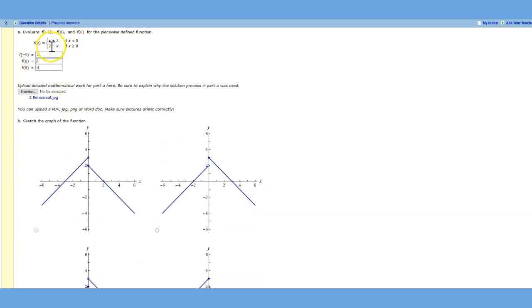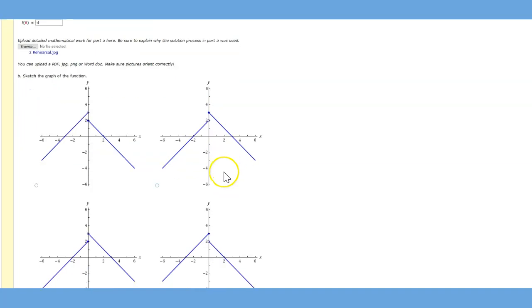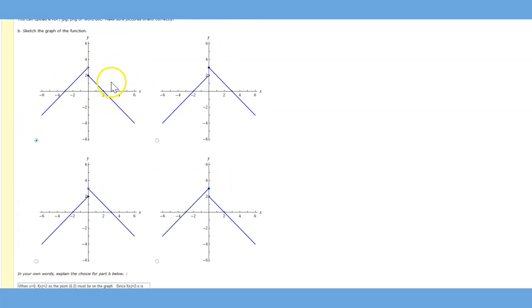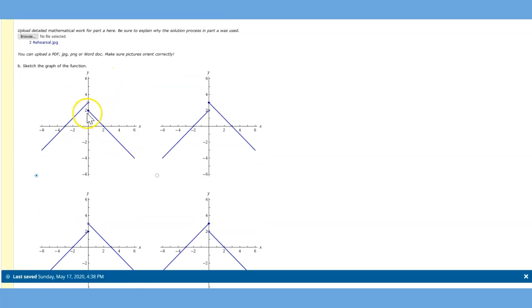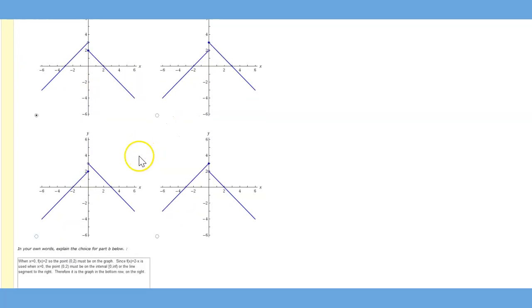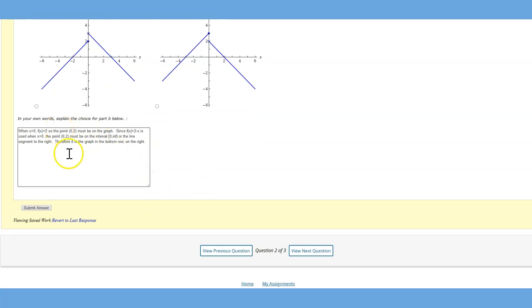Since you use the function 2 minus x for values of x greater than 0, that means that this is the answer because the point (0, 2) is on it, and this is the graph of 2 minus x when x is greater than 0. So that's the other way you're going to show your work, by actually typing in a text box.